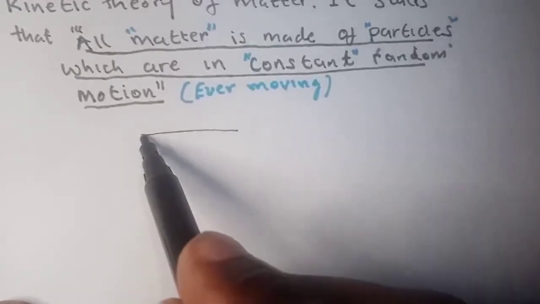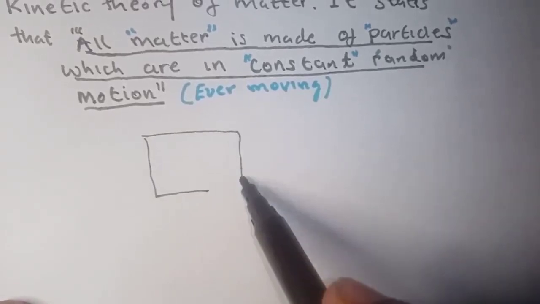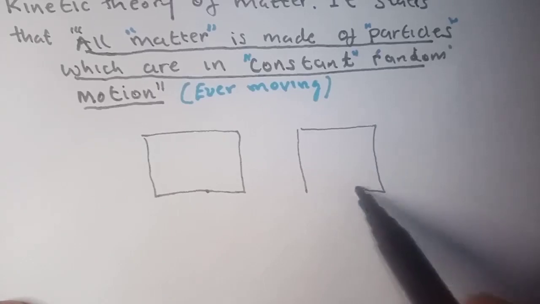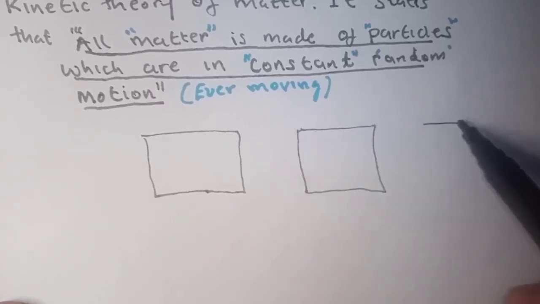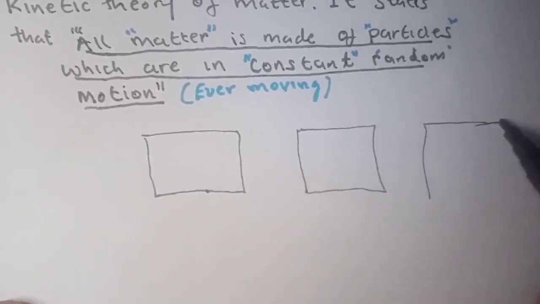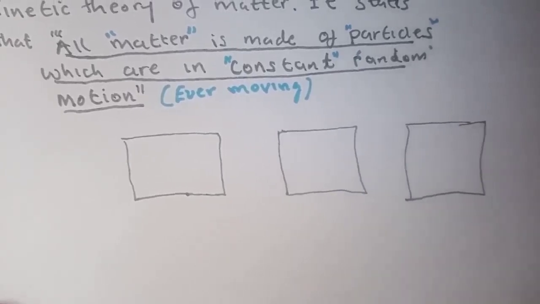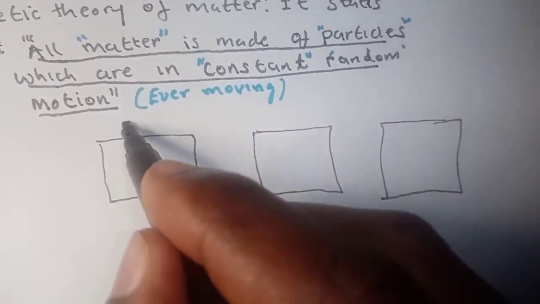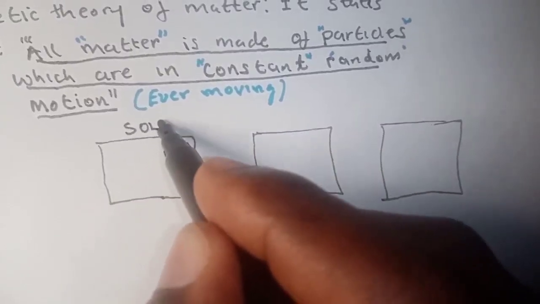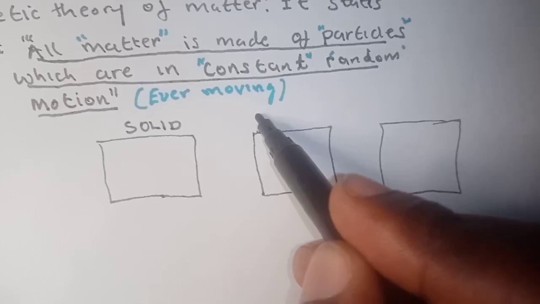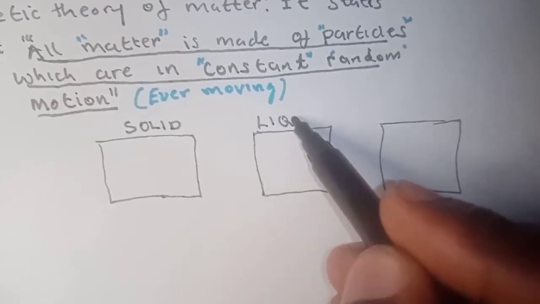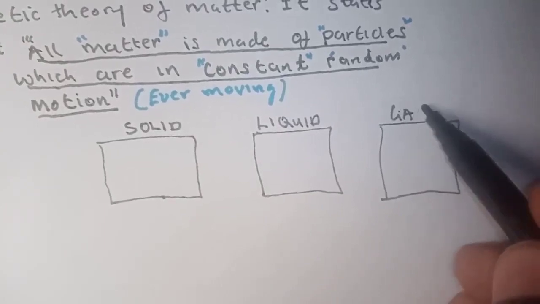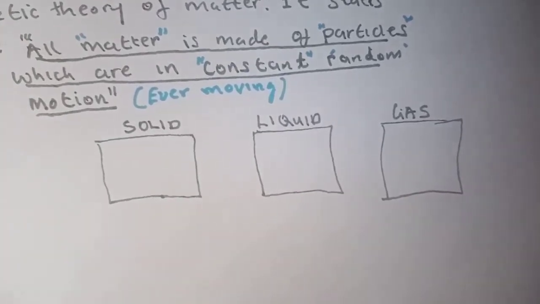Let me show you something so that you can have a better understanding. We're just laying down the basics of chemistry. These boxes that I'm drawing represent solid, liquid and gas.